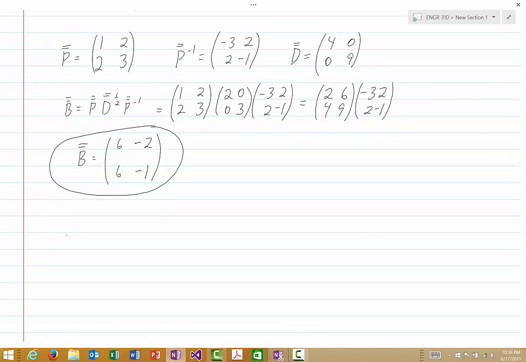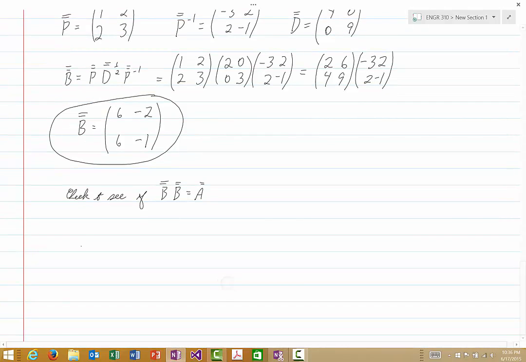Now let's check to see if B times B does indeed give us A, because if B is the square root of A, then B times B should give us back A. So let's check. (6, negative 2; 6, negative 1) times (6, negative 2; 6, negative 1).